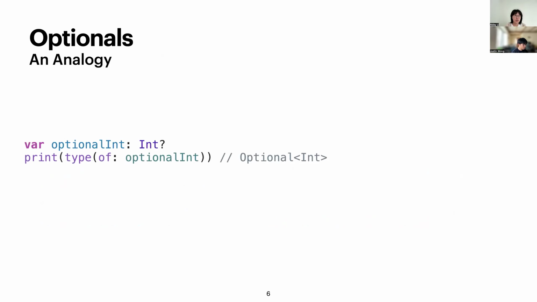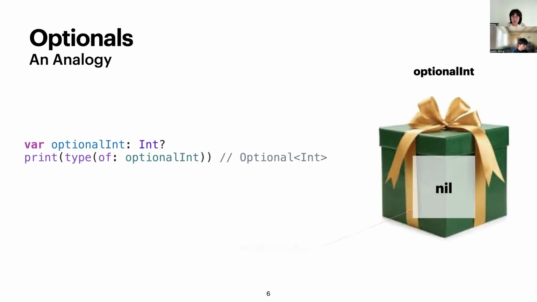A useful way to think about an optional is like a box or a present. The outer thing is still an optional Int, and what's inside might be an Int or might be nothing. In this first example, the wrapped value is nil, so the box exists, but there's nothing inside of it.